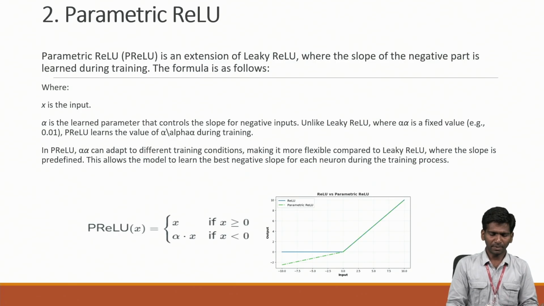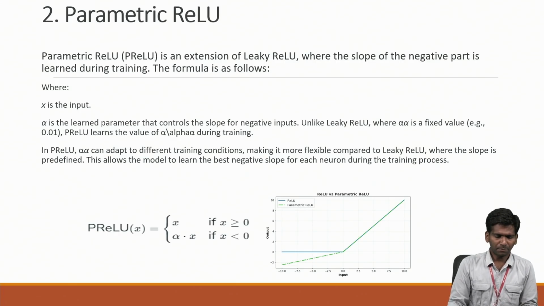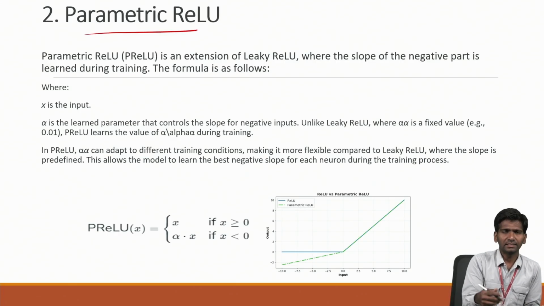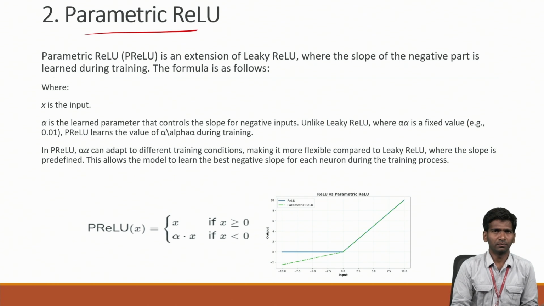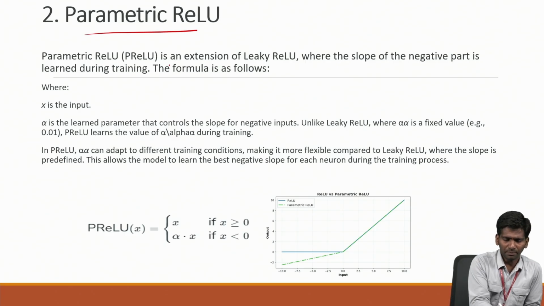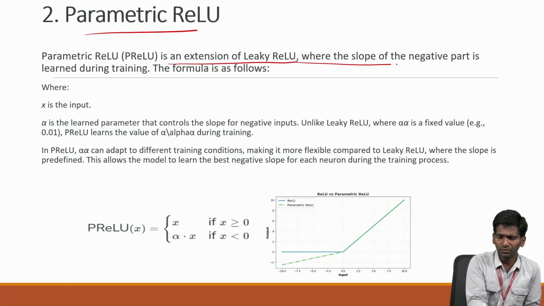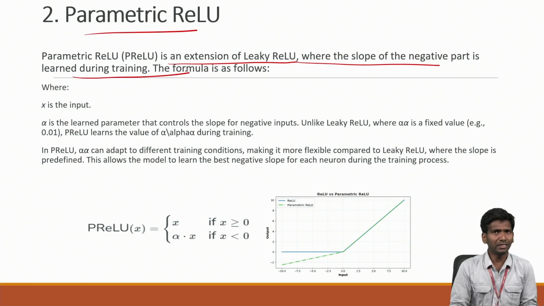Next, parametric ReLU. Parametric ReLU is similar to leaky ReLU, but here the alpha value varies. It is not fixed to 0.01. Parametric ReLU is an extension of leaky ReLU, where the slope of the negative part is learned from the training. So during training it will learn; it will not be constant.